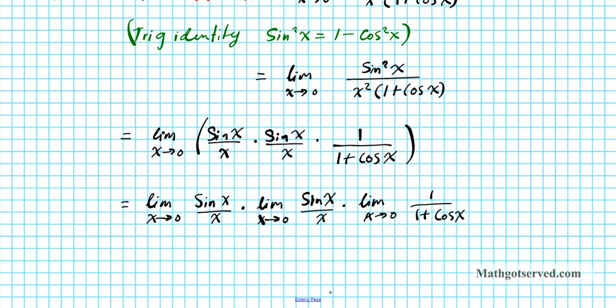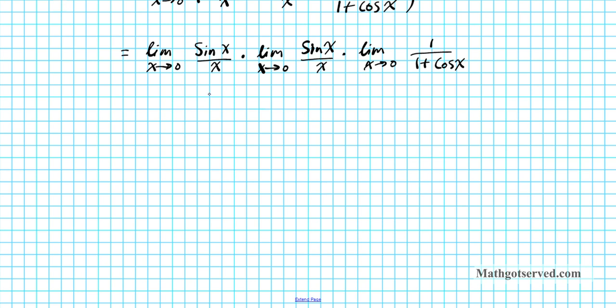To simplify, the first limit becomes 1 using the sandwich theorem, the first one I showed you. The second one becomes 1. And for the last one, you just plug in 0, it becomes 1 over 1 plus cosine 0, and cosine 0 is 1. So yeah, your final answer is 1/2.